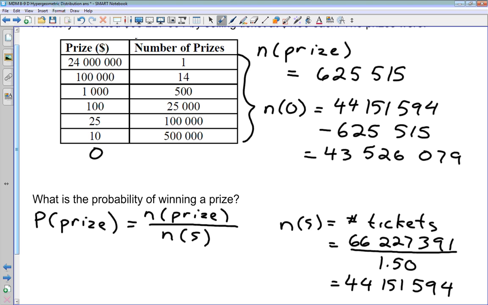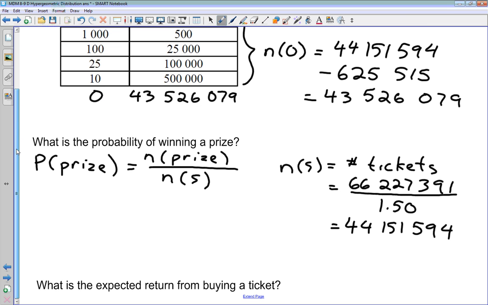So this category of people winning $0 is by far the most numerous category of prizes that are going to be awarded if we think of $0 as being a prize. So adding that final line to our table completes our frequency distribution, because now we've considered all of the possible events that can happen from buying a ticket.